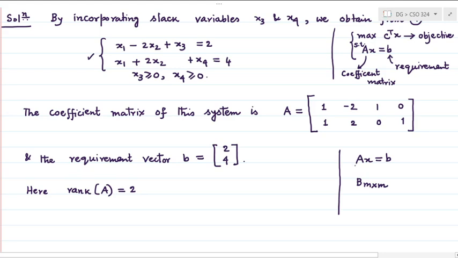With those m linearly independent columns, you construct the matrix B.